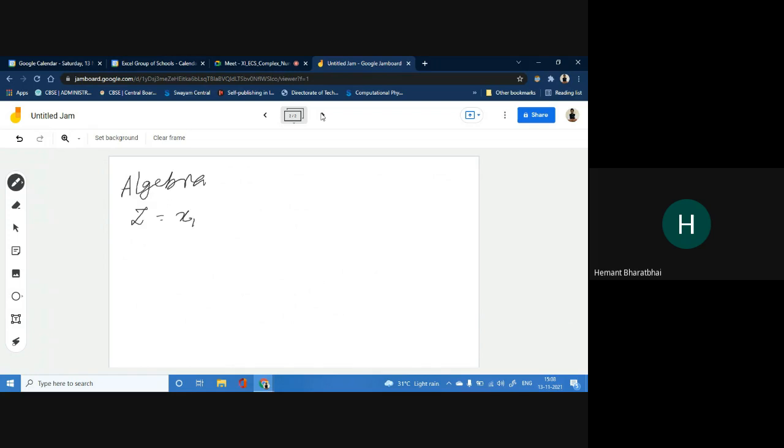Okay. So let me denote one complex number Z1 as X1 plus i Y1. And let me denote another complex number Z2 as X2 plus i Y2. So if I want to add two numbers, how will I add them and how am I going to subtract them?